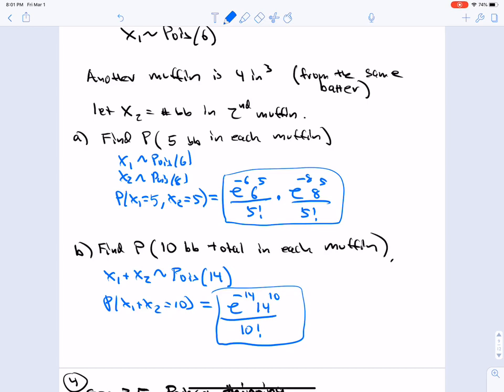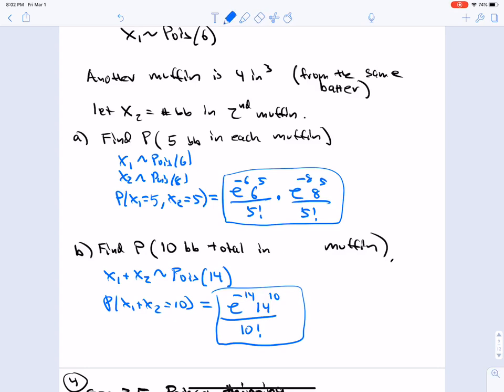Find the probability that you have 10 blueberries total in both muffins.